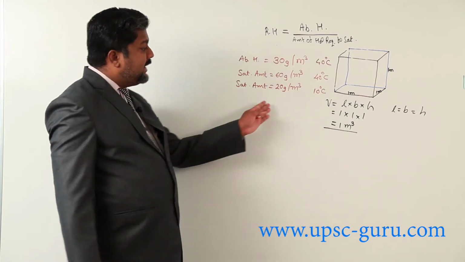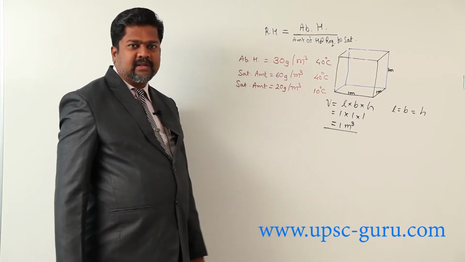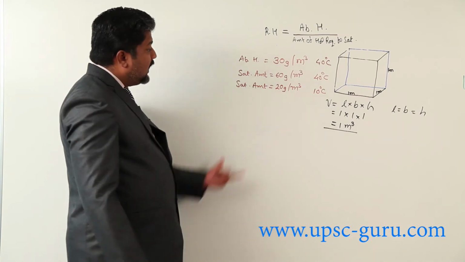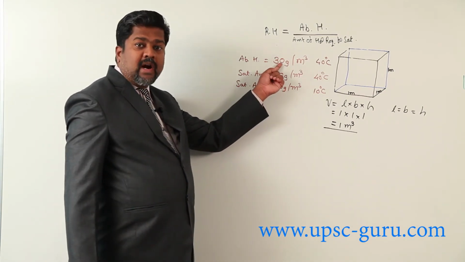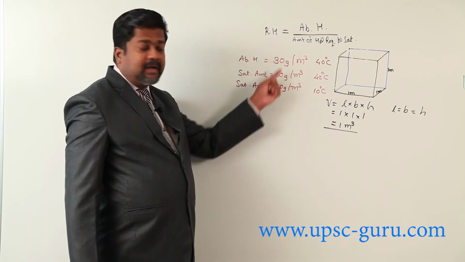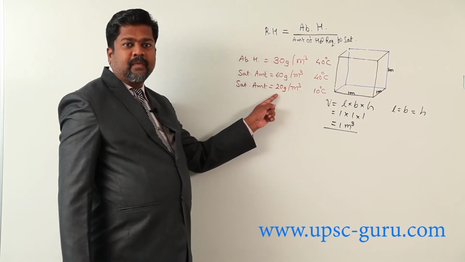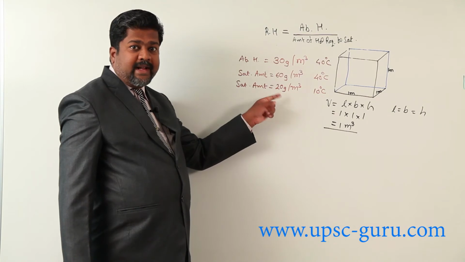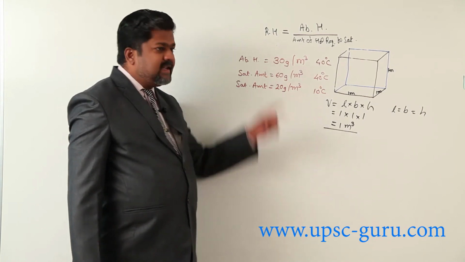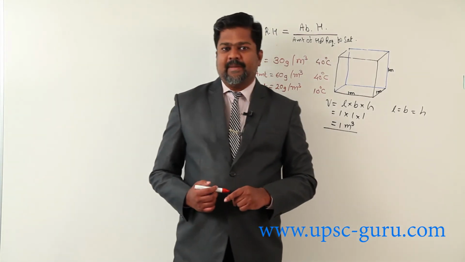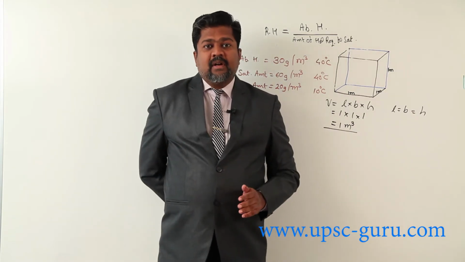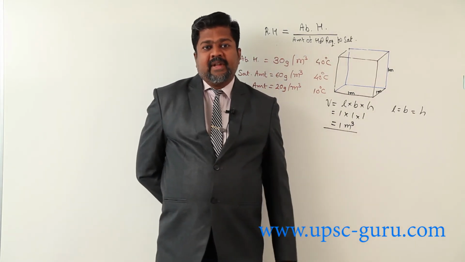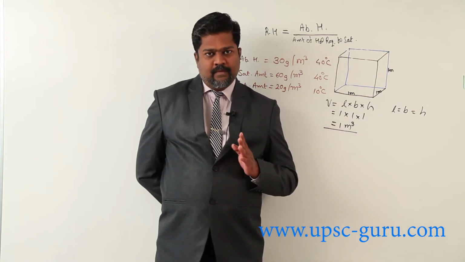But now during night time the temperature falls to 10 degrees Celsius. What will happen? The amount of water it can hold will be 20 gram. Water already present is 30 gram, but now it can hold only 20 gram. So 10 grams are in excess. Those 10 grams come out as precipitate, in the form of dew.